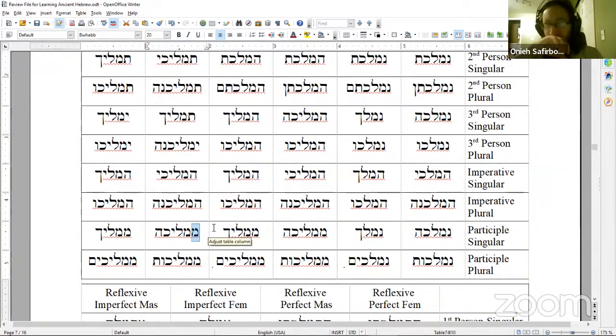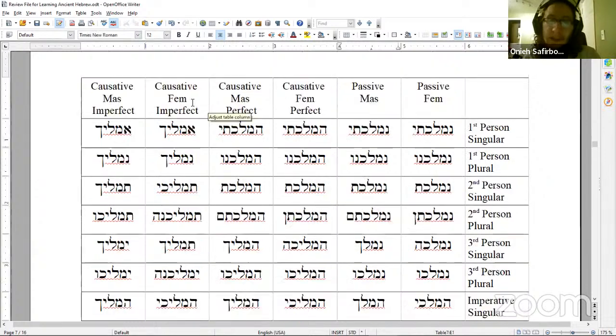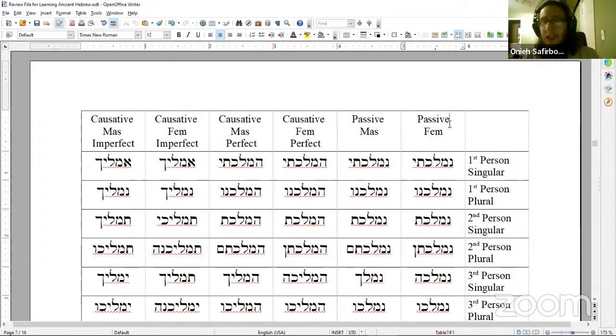If it's a participle, you add mem as a prefix for causative. And for causative, there's imperfect and perfect, and there's masculine and feminine. And then for passive, it's someone did something to you.